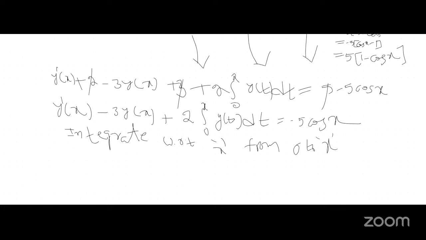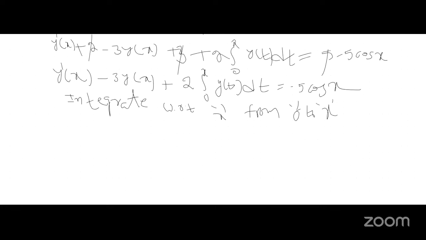Okay, let's see. Now this becomes y of x minus y of 0, okay, minus 3 into integral 0 to x y of t into dt.